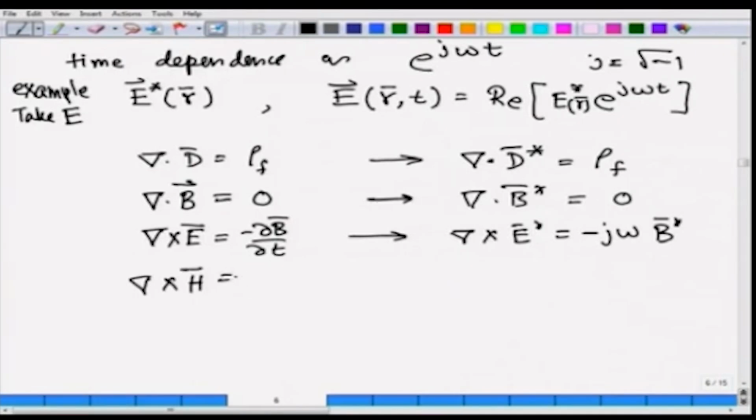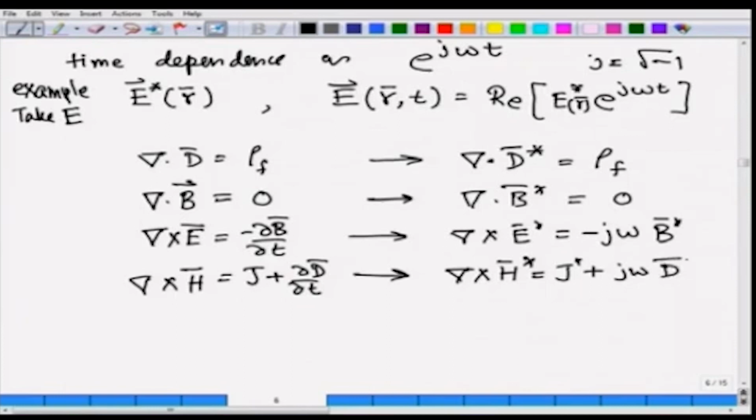is equal to J plus del D by del t, which translates into curl of H star, and now J plus j omega D star. Remember, this j omega again comes as del t, and since always time dependence is like this, so j omega shows up here.